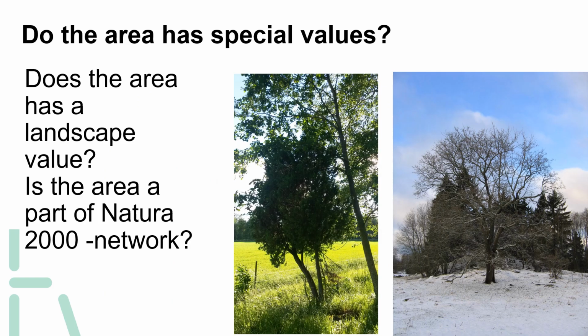Does the area have some special values? Is it, for example, a part of a Natura 2000 network? Or is there some other special value it may have? It may also be a cultural value. Maybe somebody has been living here, some person that has had a great influence or did something special for the local community. That's also a special value.